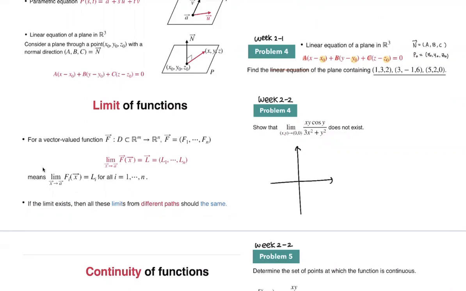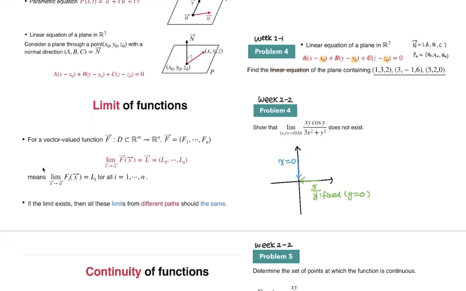in this problem like that, if this limit exists, then all paths like this. This path is the x is changed, but y is fixed. It is y equal to 0. And this one is x is fixed, so x equal to 0.